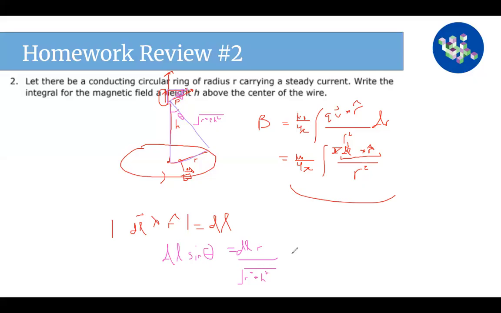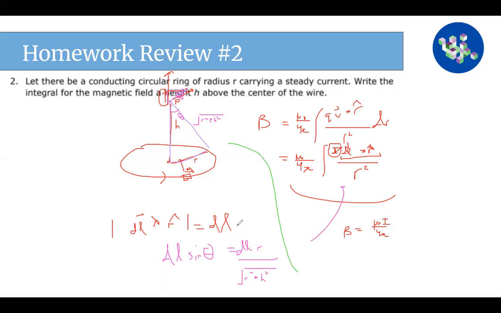Now I'll plug that into my integral over here. Notice that I'll be getting, let's see, let me draw a divider. Okay, so I want the magnetic field. So B would equal mu 0 divided by 4 pi. And inside my integral, notice that I is constant over this entire wire, so I can pull it out of the integral.